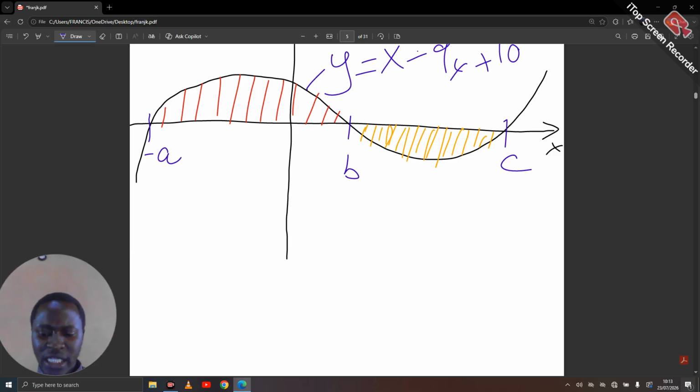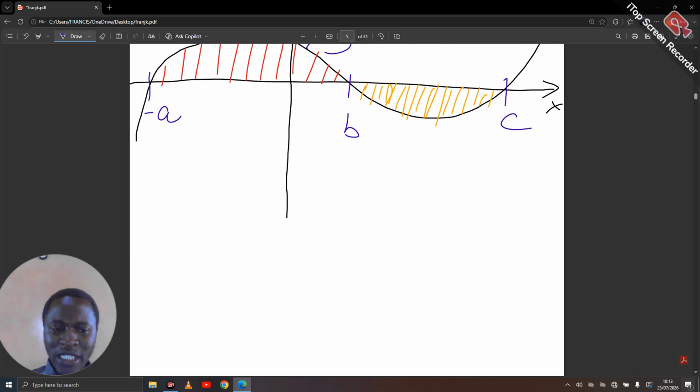There is a procedure of getting the area of two bodies. You will integrate the first body, put it aside, then the second body also you put aside.